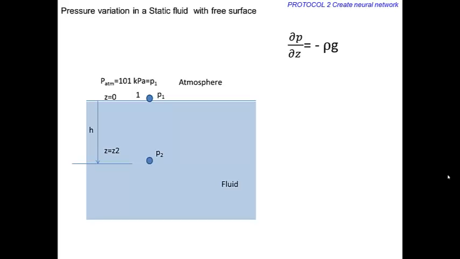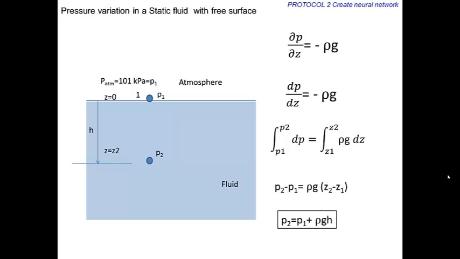Since pressure depends only on the variable z, this equation can be integrated from one location to another. Finally, we can derive an equation that connects pressure at the free surface to a different point in the fluid, at a depth of h: P2 equals P1 plus rho g h.